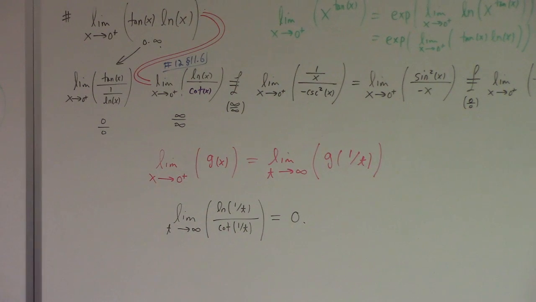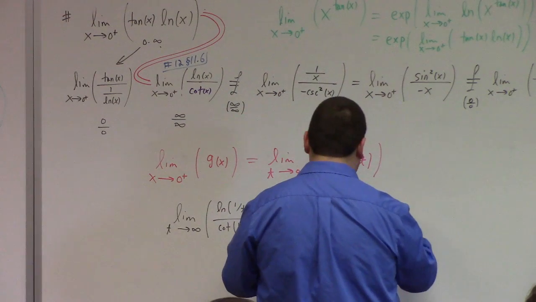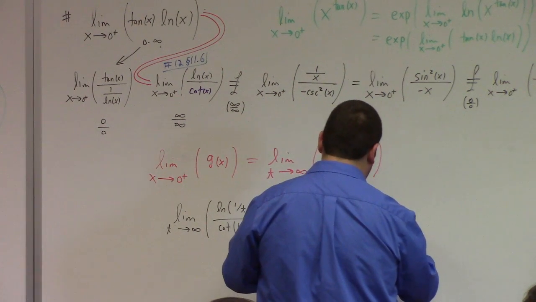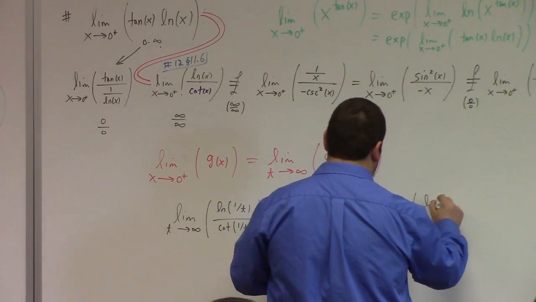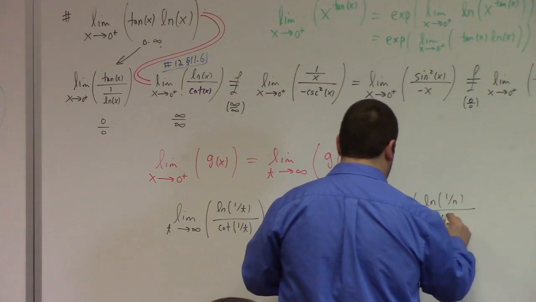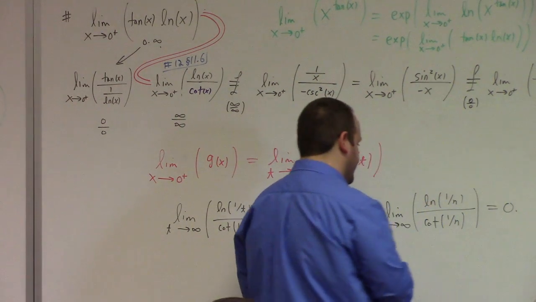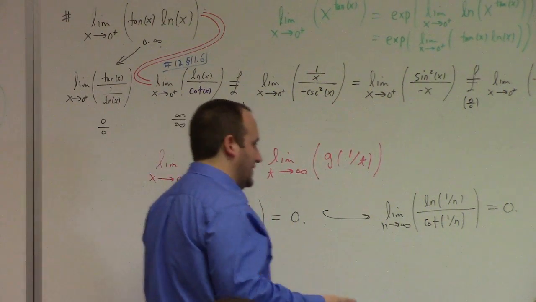If you remember that little theorem about the exchange between limits at infinity and limits at 0. Fun fact. And then the continuous extension theorem would tell us the limit as n goes to infinity of the natural log of 1 over n over the cotangent of 1 over n is equal to 0, by the continuous extension theorem, you know.